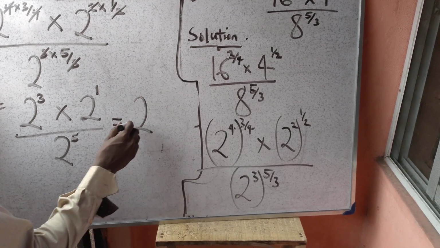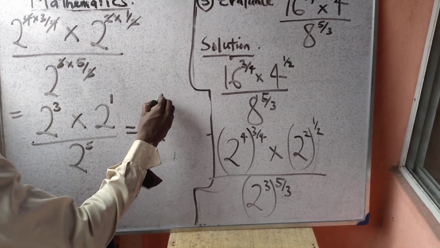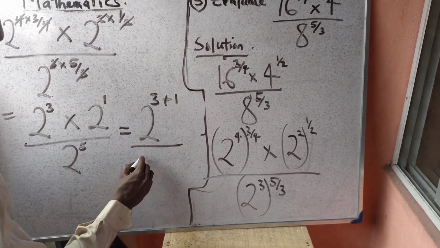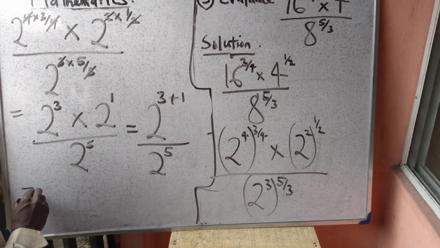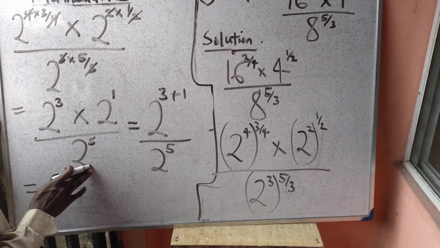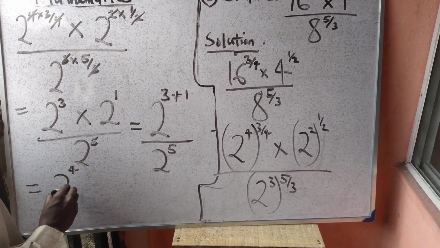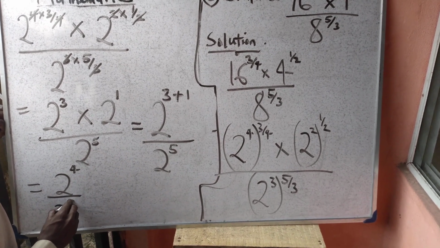Apply multiplication of indices: 2 raised to the power 3 plus 1, all over 2 raised to the power 5. So this will be equal to 2 raised to the power 3 plus 1 is 4, over 2 raised to the power 5.